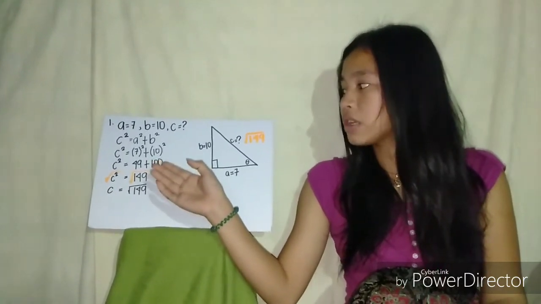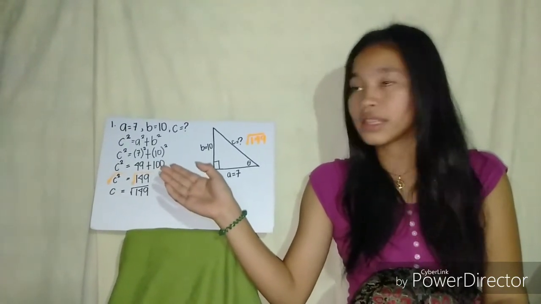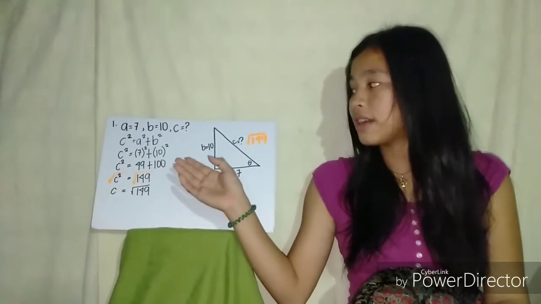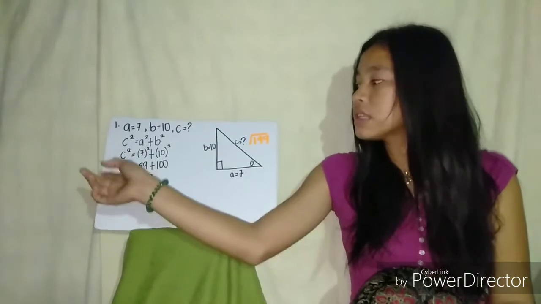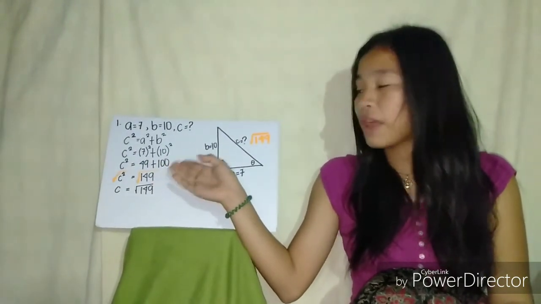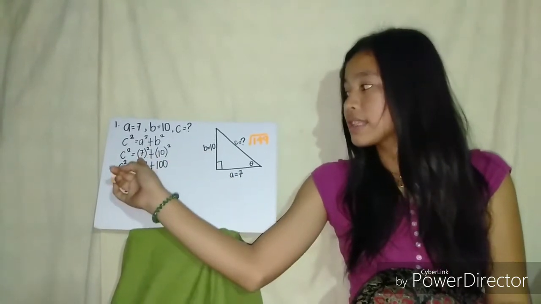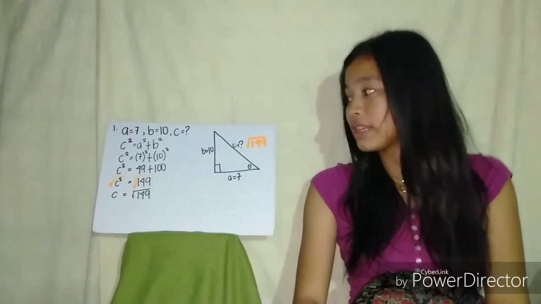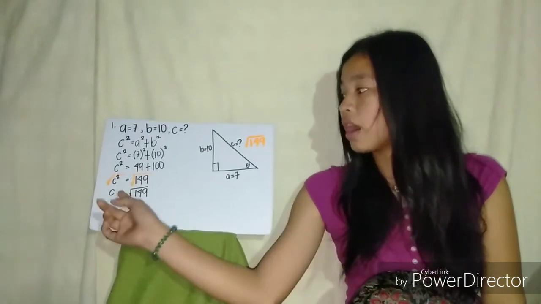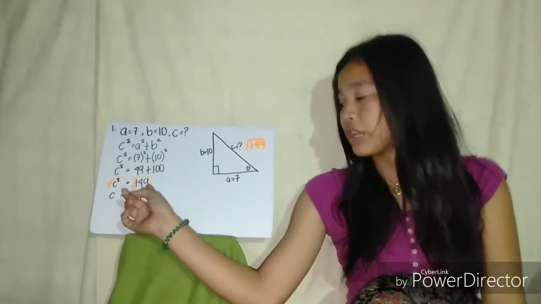C squared is equal to 7 squared, which is A, plus 10 squared, which is B. So C squared is equal to 49 plus 100, because 7 times 7 is 49 and 10 times 10 is 100. Next, C squared is equal to 149.